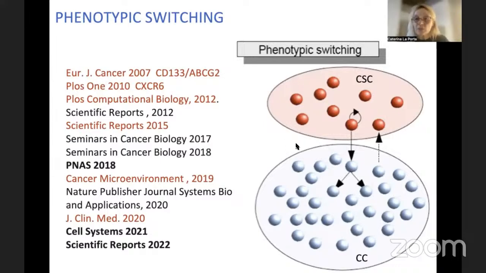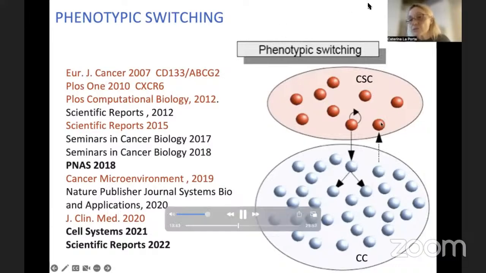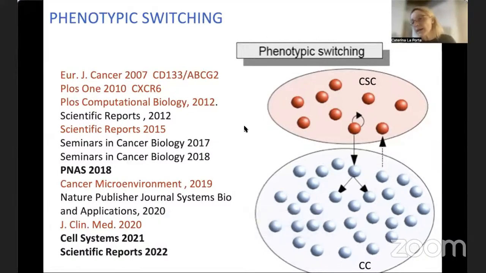This is pretty important, because when a cancer cell switches to a cancer stem cell, that can of course be related to patients, and can be related to more aggressiveness, maybe in the future, if not now. And so to stop this process and to understand which are the key factors regulating the phenotypic switching is very important. There are many papers you can have a look at now. There is another one that is just accepted and will be released very soon, in 2022 or 2023, regarding this process.